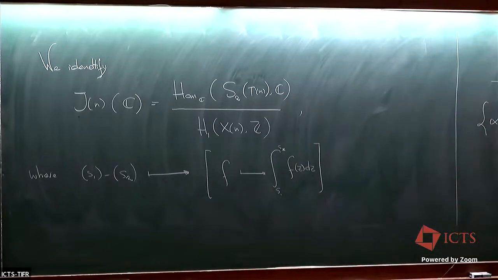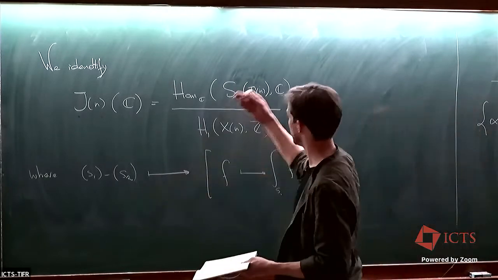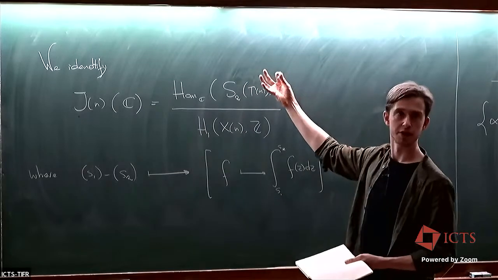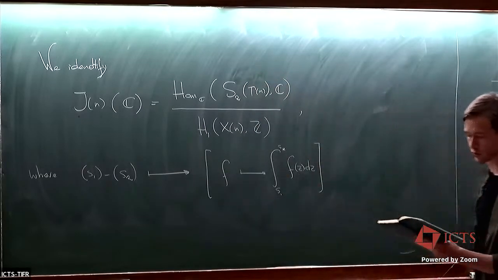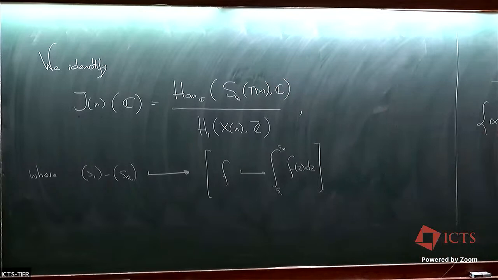So the modular form viewed as a holomorphic differential on the upper half plane. Okay, so that's how you identify a divisor with an element of the Jacobian in this description. Okay, and that's what we're going to use in what follows.